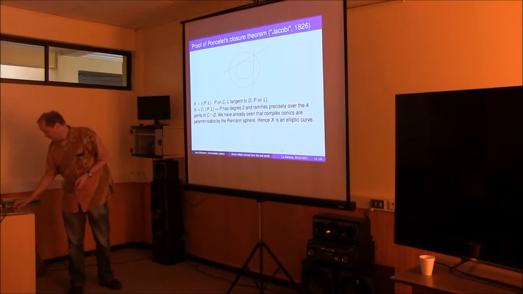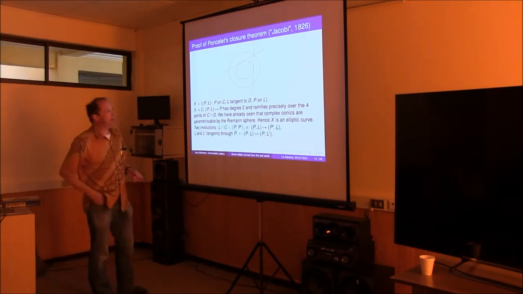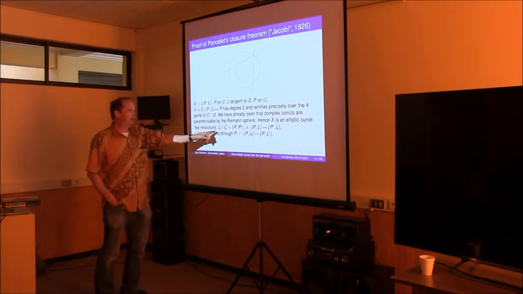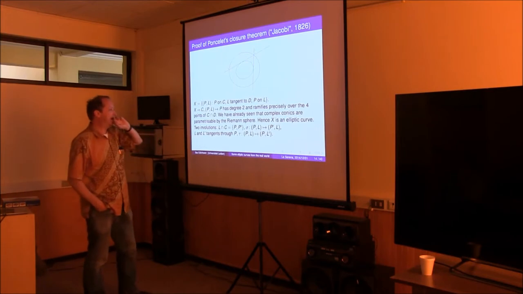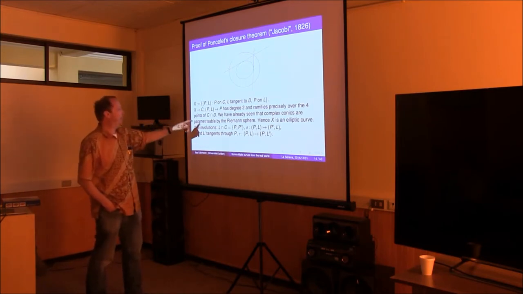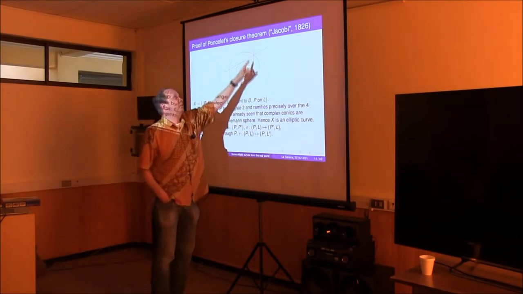Now, this map, what are we doing? We have 2 maps from this X to itself. If we take a line tangent to D, then, well anyway, a line will intersect the C in 2 points, right?